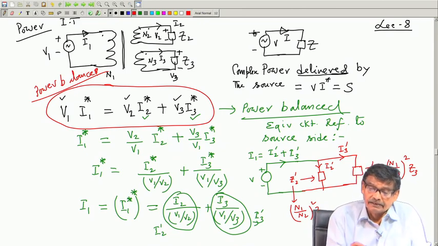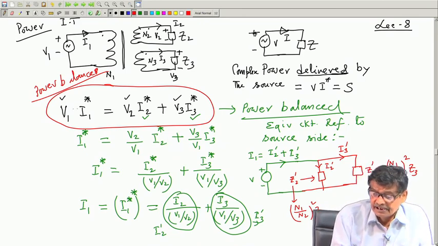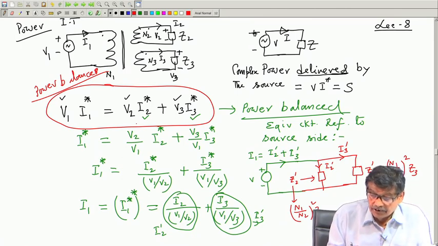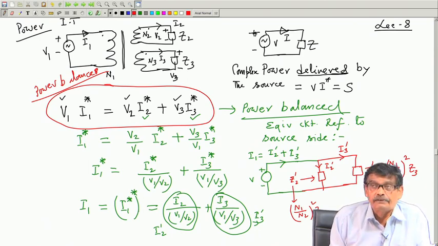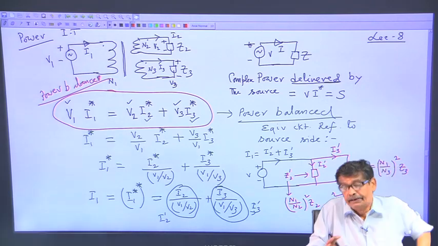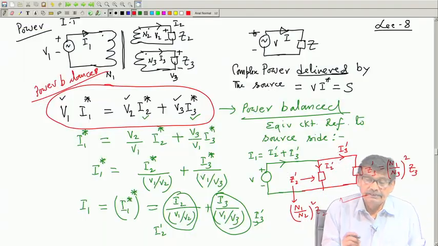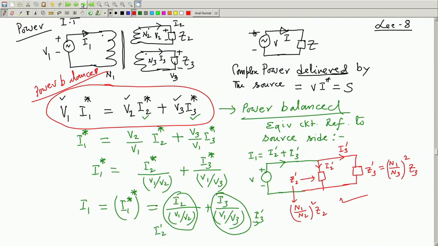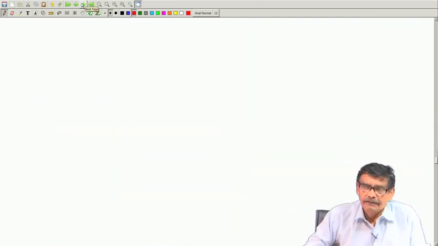And please go through this concept VI star, solve this, get I star, but do not forget to take once again the complex conjugate, so that it becomes I1, and this is done. Okay. So, this is the thing I wanted to tell about ideal transformer.